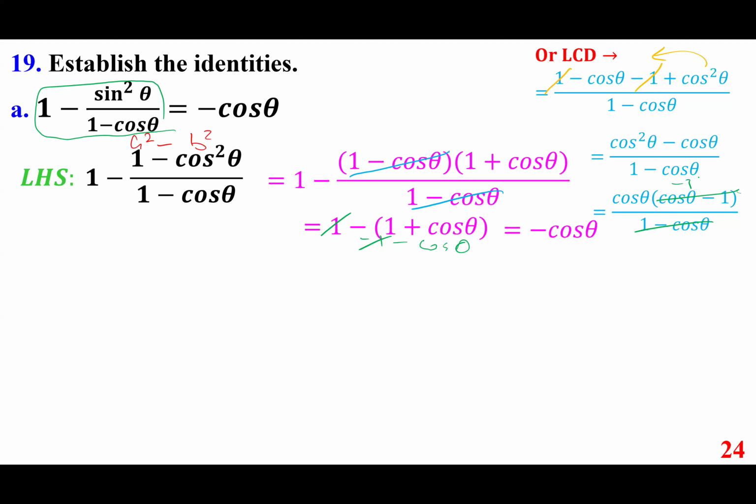What are they? They're opposite. So they create a negative sign that becomes minus cosine theta. So that's pretty straightforward, everybody.